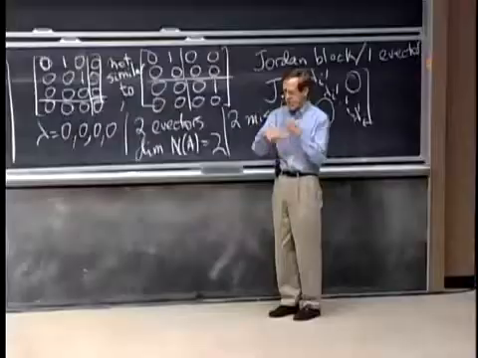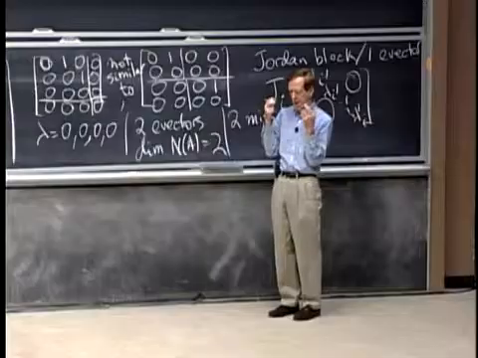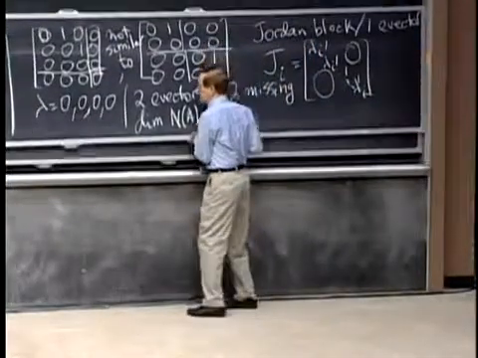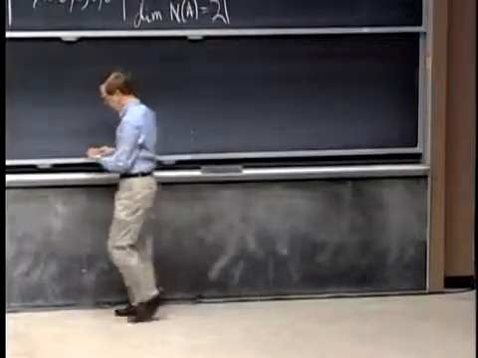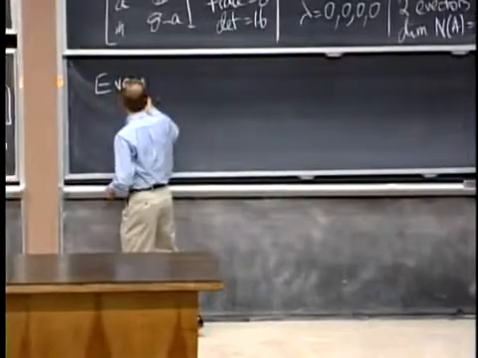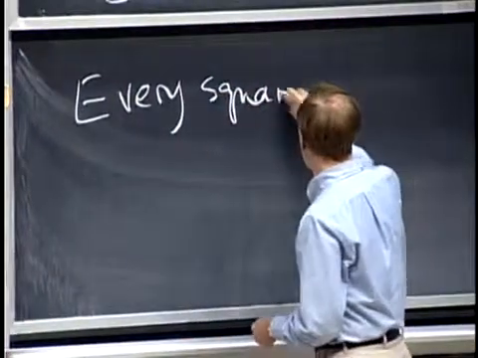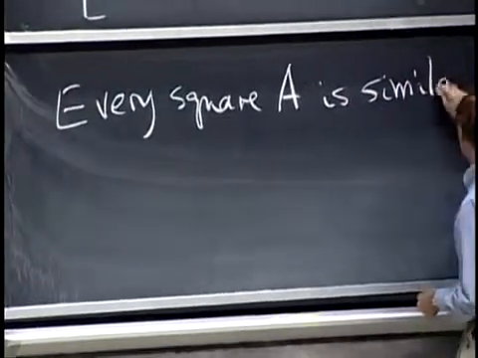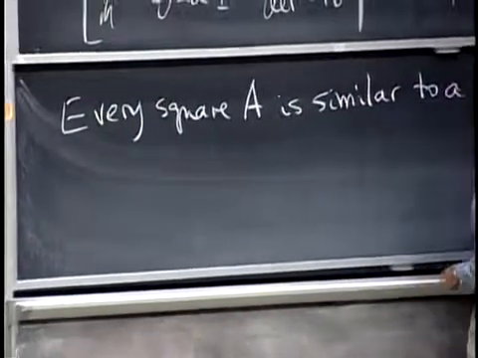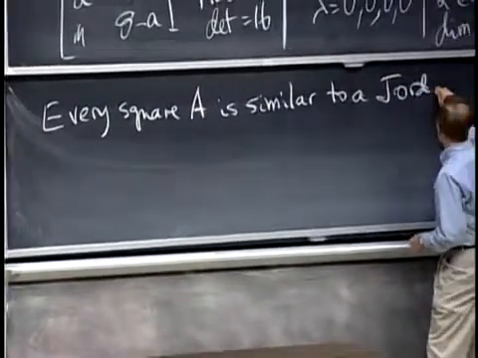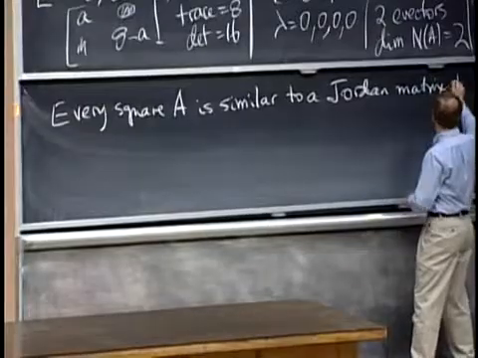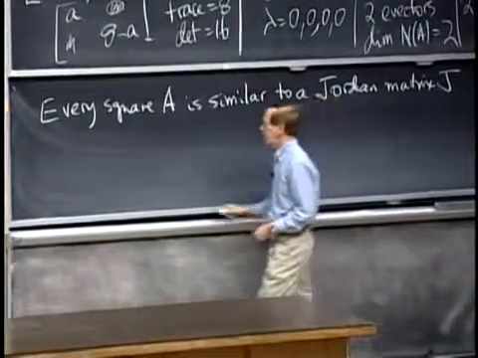So I'm giving you the main themes of the story. Here's Jordan's theorem. Every square matrix A is similar to a Jordan matrix J. And what's a Jordan matrix J?